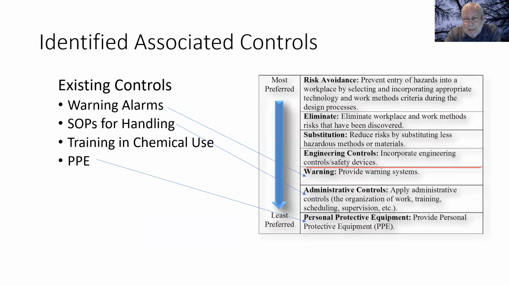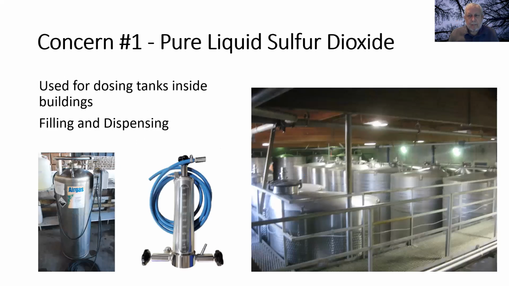To me, that's the same as eliminate it. Then substitution, engineering controls, a couple of them throw in a warning between engineering and administrative, but in my opinion, a warning is an administrative control, and then PPE. So they have existing controls of warning alarms, SOPs for handling, training in chemical use, and PPE.